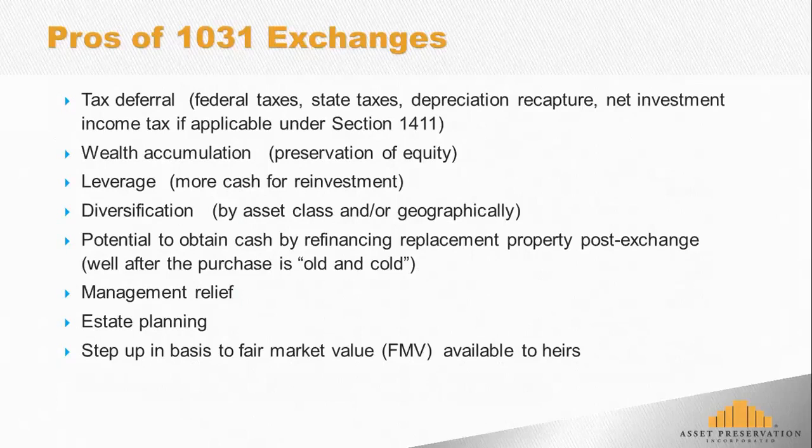And that could be within the same state, or maybe they want to go out of state. And in that manner, from a long-term perspective, they don't have all of their eggs in one basket, so to speak. They provided some diversification. So if one part of the economy softens, they may have real estate and investments in other parts that are performing well. So a lot of investors seek to do that.